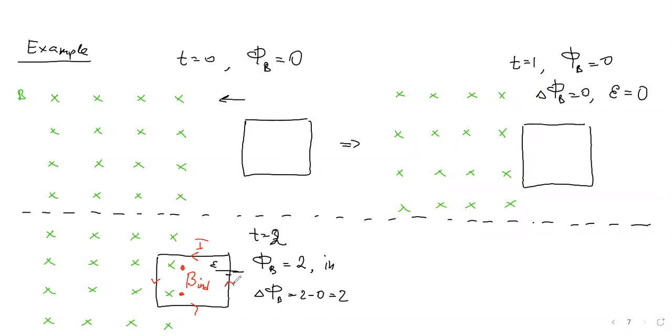This direction of the EMF will induce me or produce counterclockwise current. The counterclockwise current, the induced current, will produce me magnetic field out of the page. And this extra magnetic field will try to compensate the change in the flux. It may not be able to compensate this completely, but it will try.